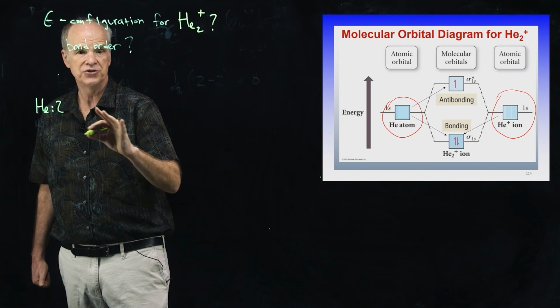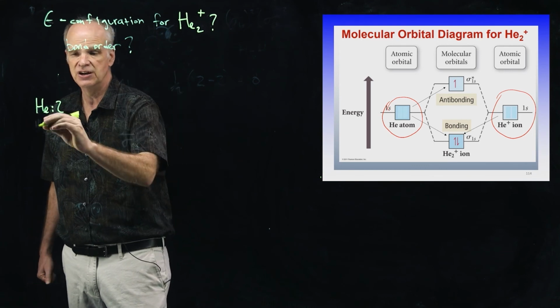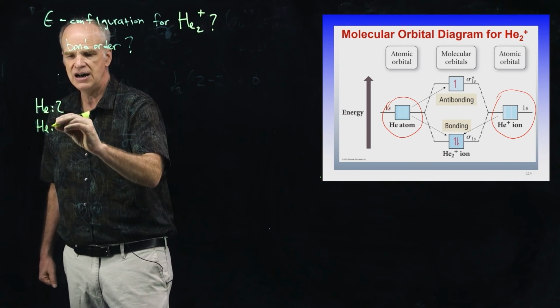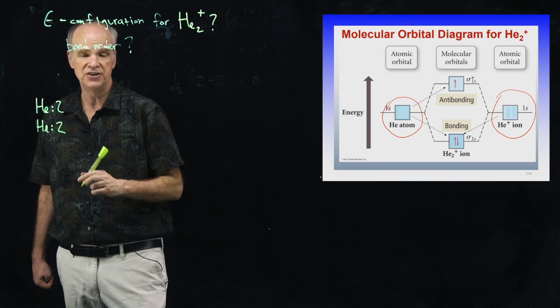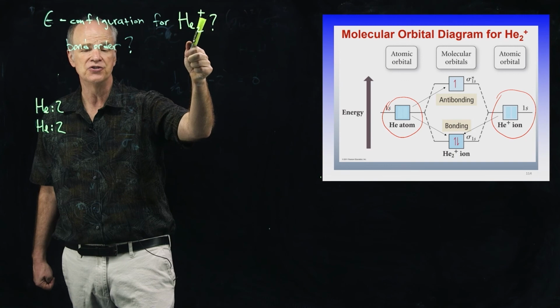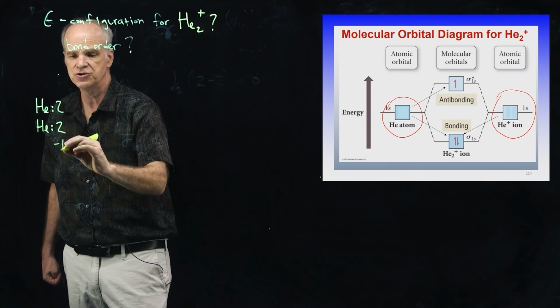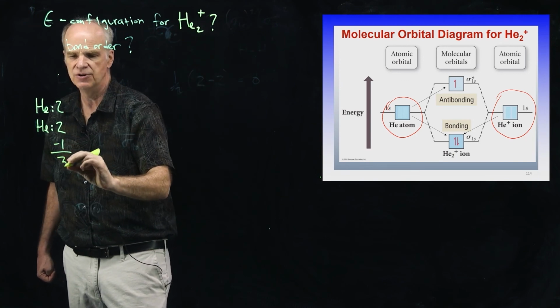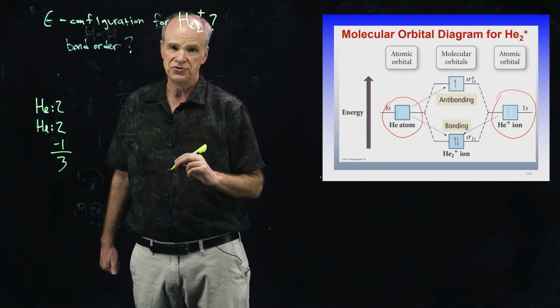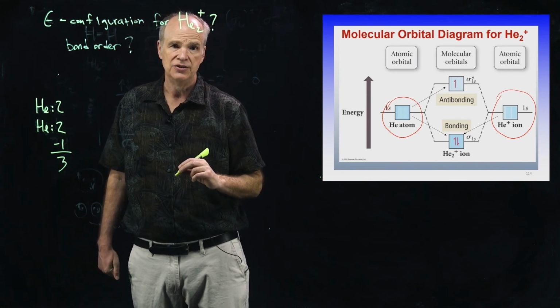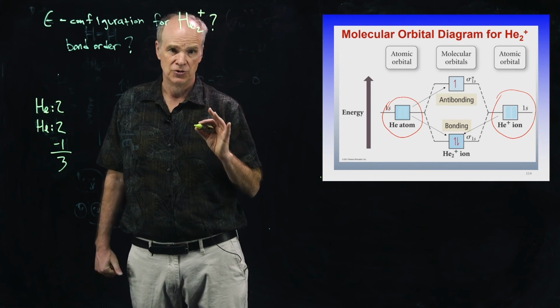The other helium atom has 2 electrons, but because there's a positive charge, let us subtract 1. Now we're down to 3 electrons. We have to predict where these 3 electrons go in these molecular orbitals.